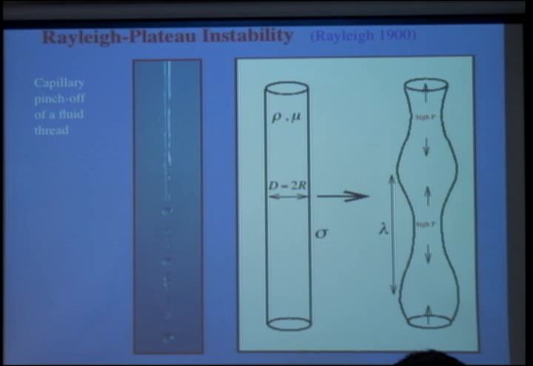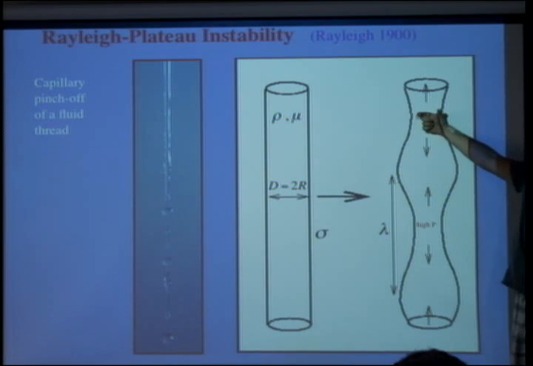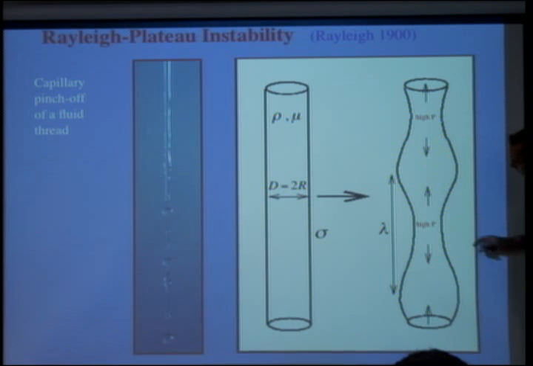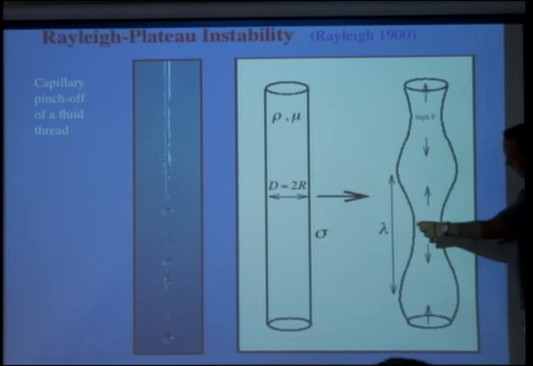But how do we understand it mechanically? If we have this cylinder and we put an infinitesimal perturbation on it, basically an undulation, we have a neck here. In this neck, the surface tension effect is going to be relatively high relative to here, because the dominant curvature is this one.